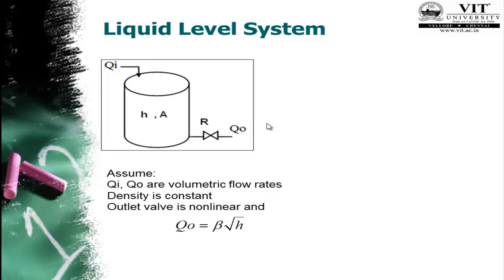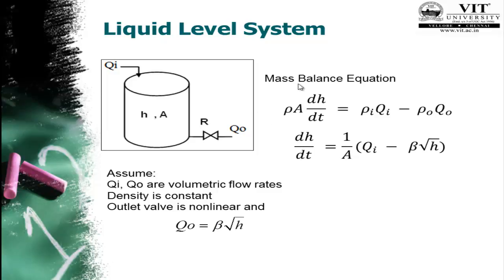While writing the mathematical model, we will write the mass balance equation here. So rho A dH by dt, the accumulation of total mass inside the process, is equal to rho i Qi, the amount of mass coming into the system, minus rho naught Q naught, the amount of mass leaving the system over the period of time. As we assume the density variations are negligible, we can eliminate this density parameter.